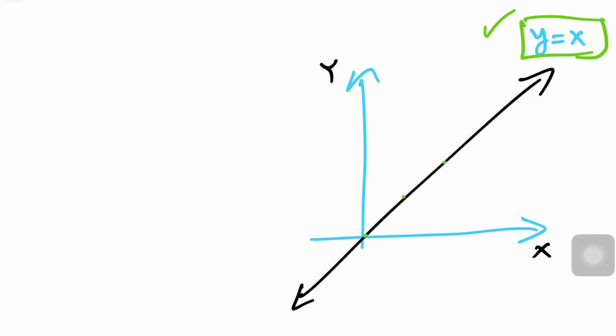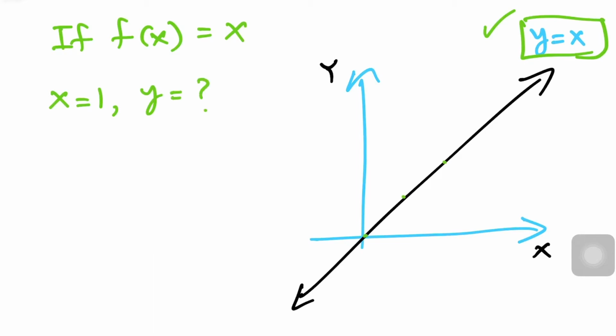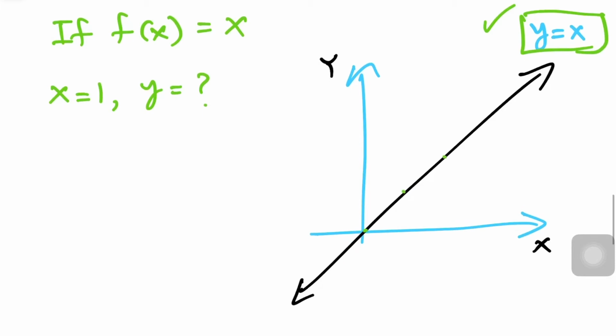Now, let's say if someone asks me, if f of x equal to x, if x is equal to 1, what's the y value? Okay. So what we do if someone asks you if f of x equal to x, x is equal to 1, what's the y value? One thing you can do, you can just plug it in.